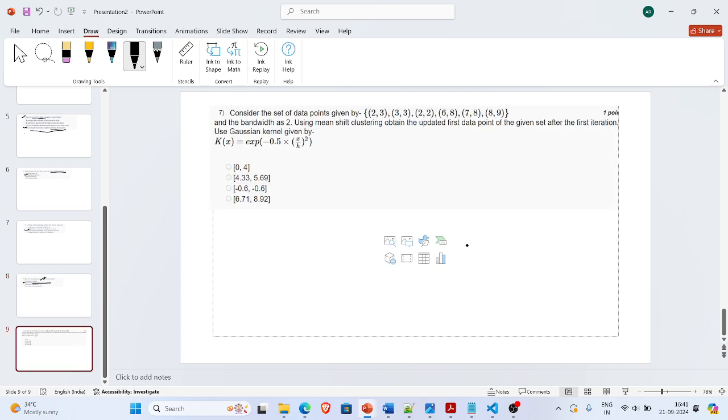Next we have this question, which is a bigger question compared to what we have encountered so far. It is a numerical. This kernel is this one.